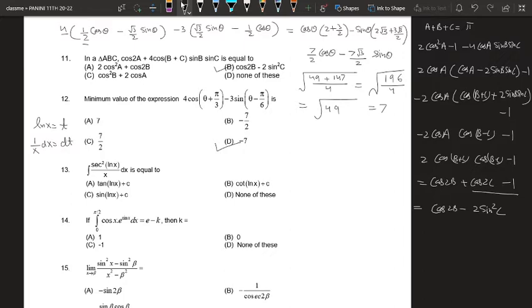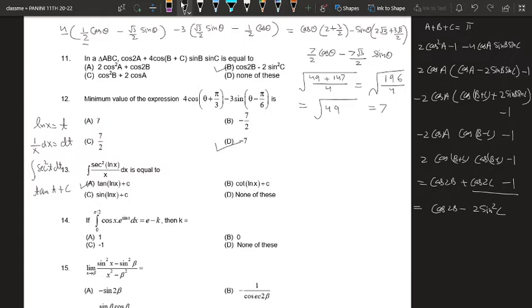If we substitute all these things in the given problem, then the integration of sec square t dt, and sec square t integrates to tan t plus c. So the answer is tan ln x plus c.